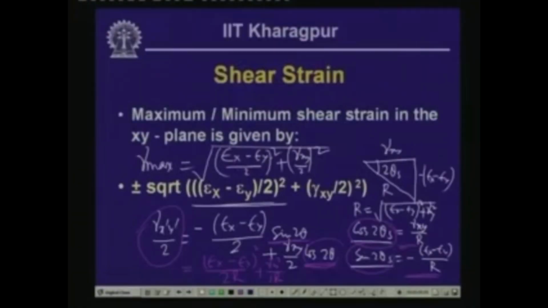The magnitude of the maximum and minimum shearing strain is epsilon x minus epsilon y by 2 square plus gamma xy by 2 square, where the maximum is plus of this and the minimum is minus of this. That is why it is written as plus minus square root of epsilon x minus epsilon y by 2 square plus gamma xy by 2 square. This is the value of the maximum and the minimum shearing strain corresponding to the plane strain condition.